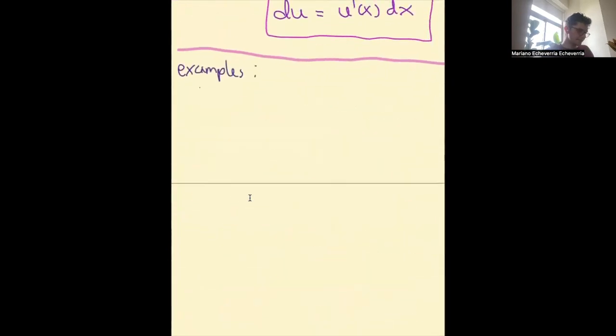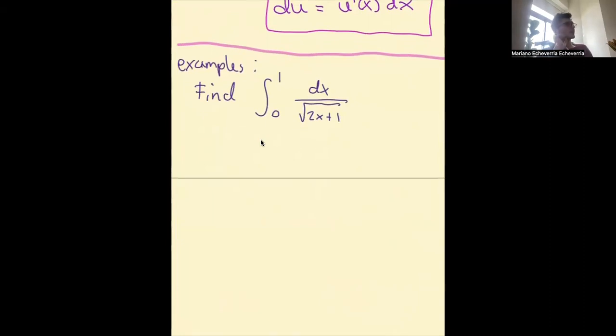Let's say someone asks you to find the integral from 0 to 1 of x divided by the square root of 2x plus 1. Whenever you have these sorts of problems, the philosophy is to first find an antiderivative, meaning that you remove the bounds from here.